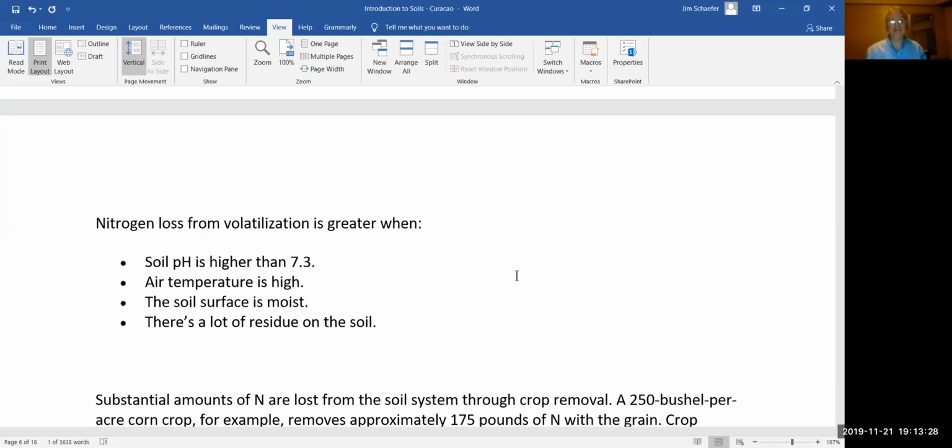If you manage your soils in such a way that you enhance and increase your water holding capacity, it typically means that you will lose less water to leaching, less water to evaporation, and less water even to runoff.